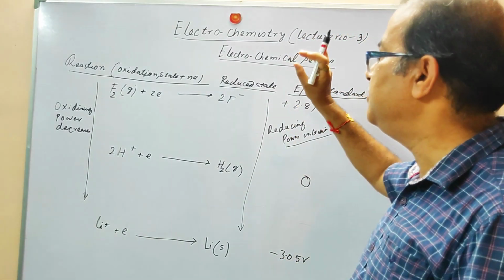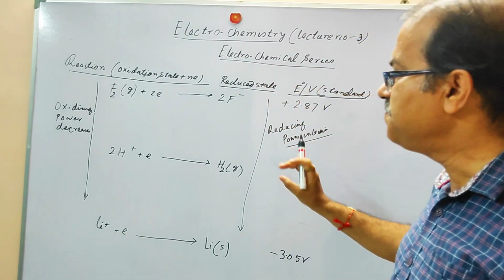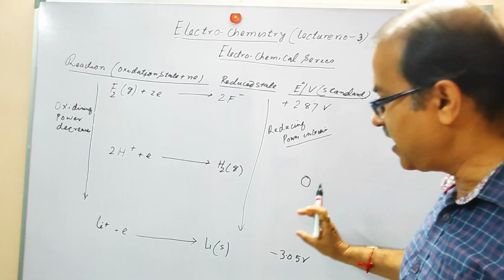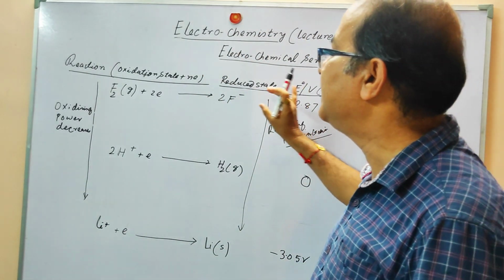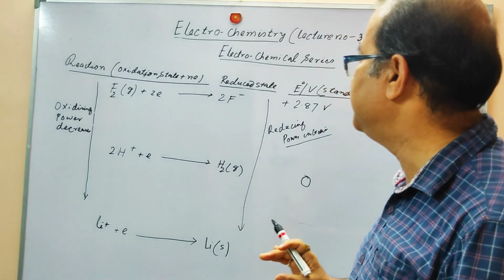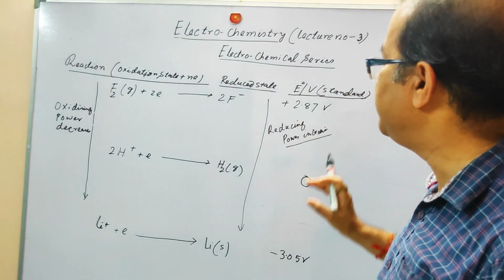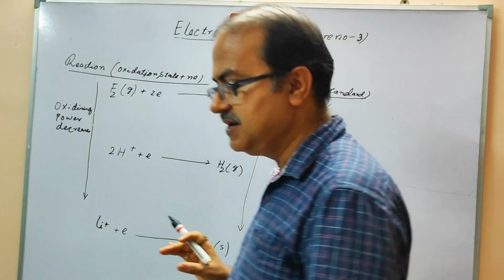That is, the reducing power is at the bottom of the table, and the oxidizing power is at the top of the table. This is a very important thing to understand.